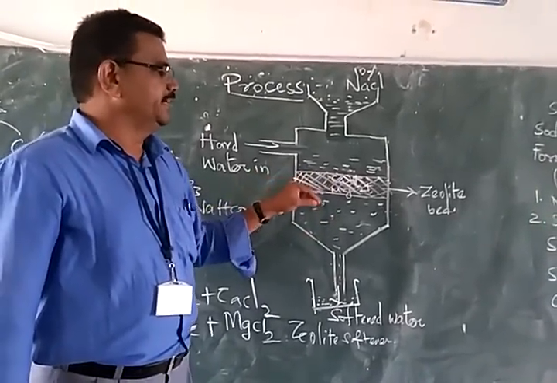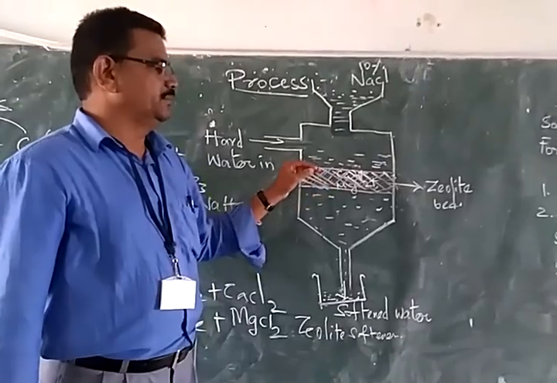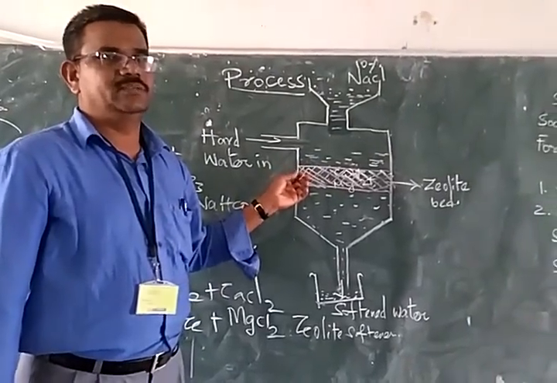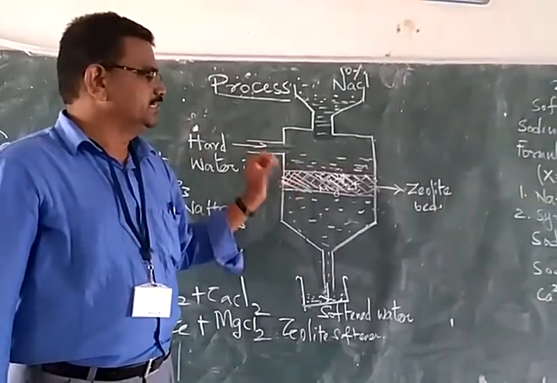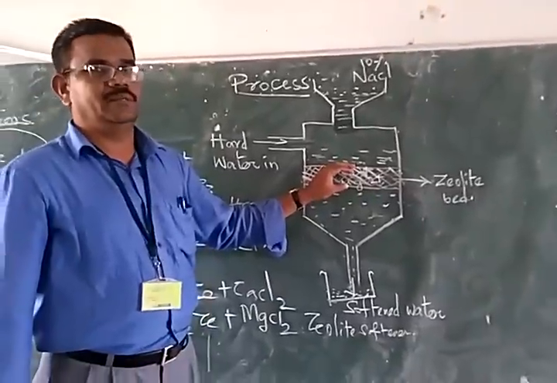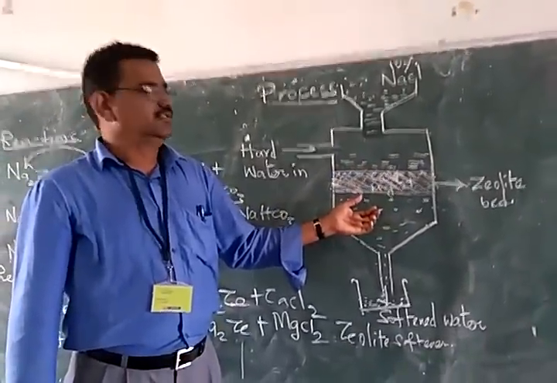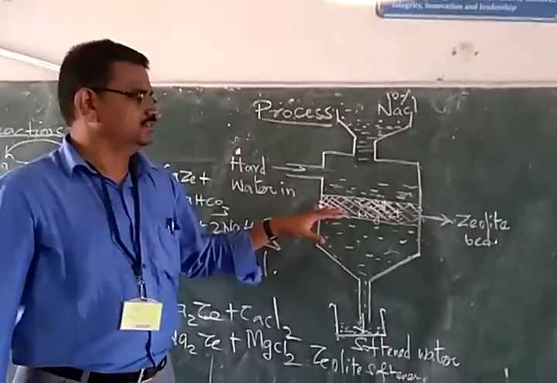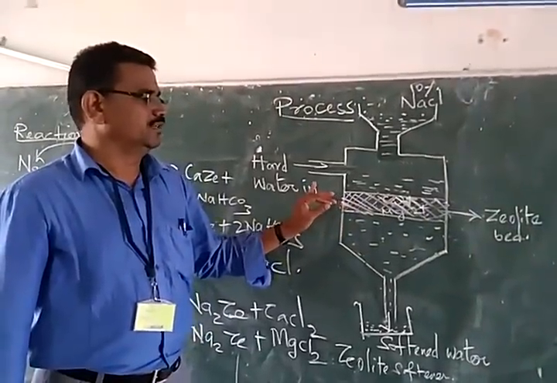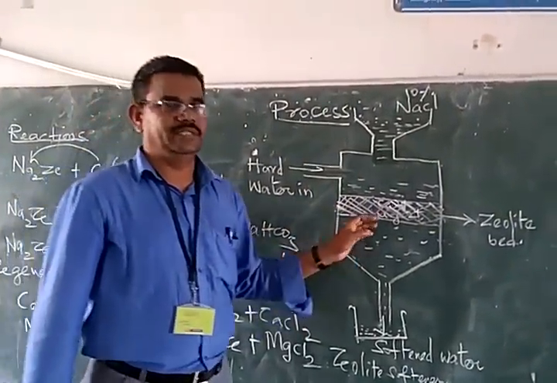And third, iron and manganese salts cannot be treated by this method because regeneration of the zeolite bed is difficult. The hardness achieved is a minimum of 2 to 10 ppm.